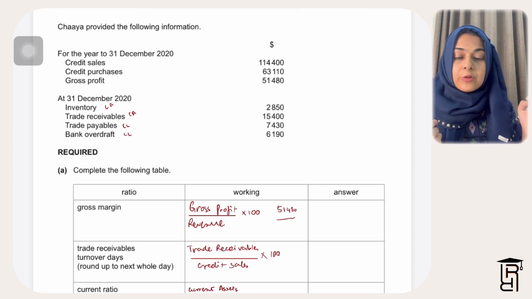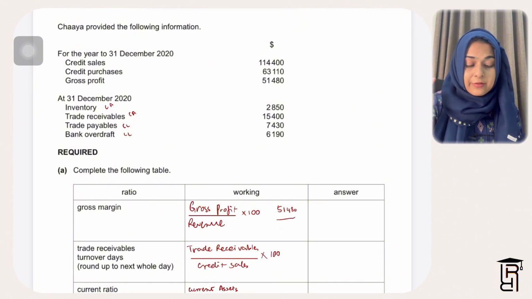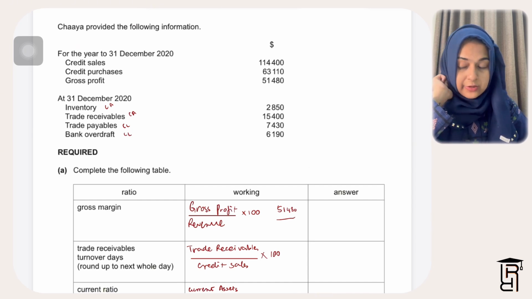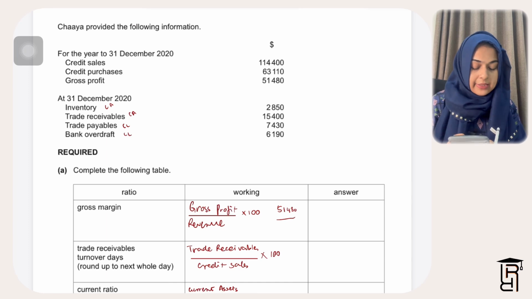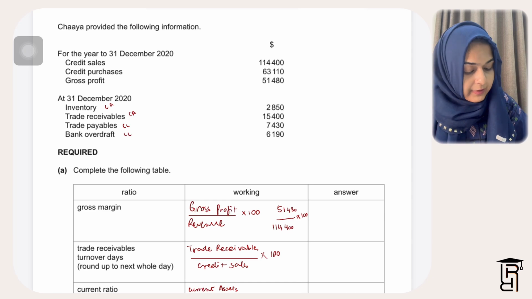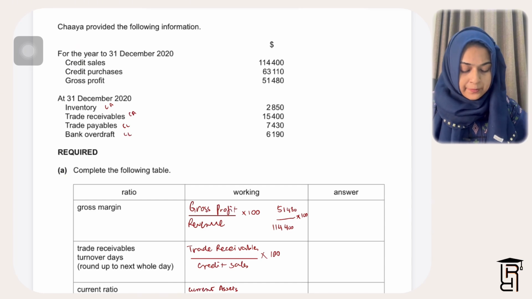Sometimes revenue can be both cash sales and credit sales, but in this case we just have credit sales, that is 114,400, and then you multiply this by 100. So 51,480 divided by 114,400, multiplied by 100%, will give us 45%. You need to write 45 and also write the percentage sign.